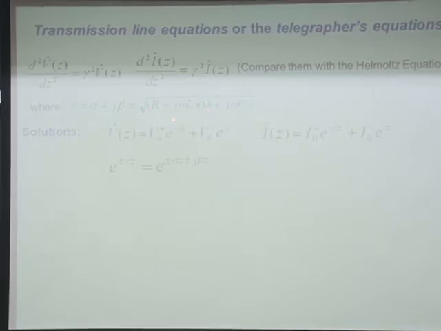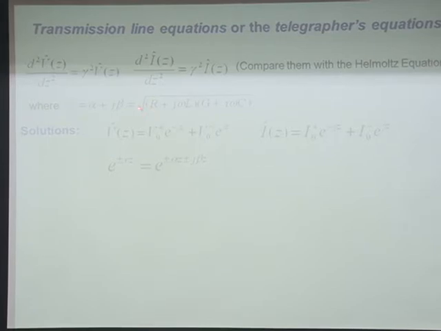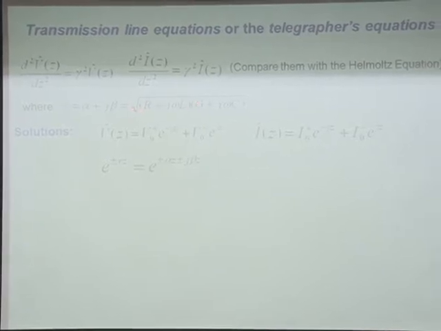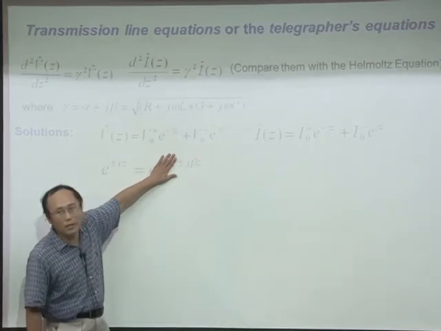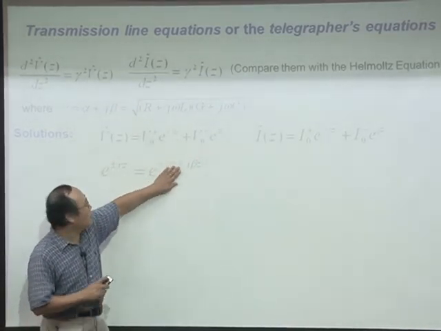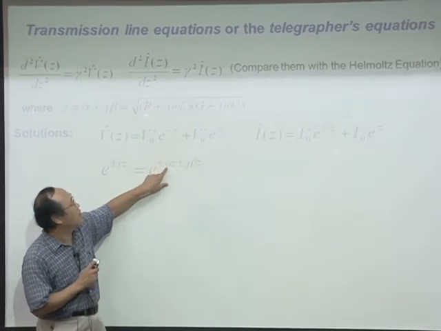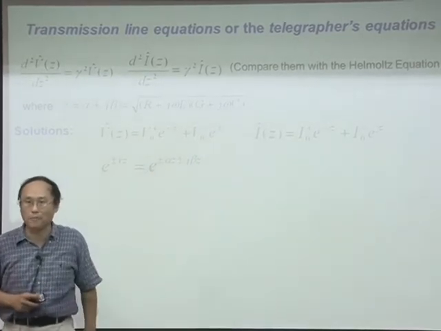Okay, and if you just cross out R and G, 这是 resistance, 这是 conductance, you get a pure imaginary number. This means that you only have this propagation term. 所以呢，这个 attenuation 来自你的 R 跟 G 的 ohmic loss.